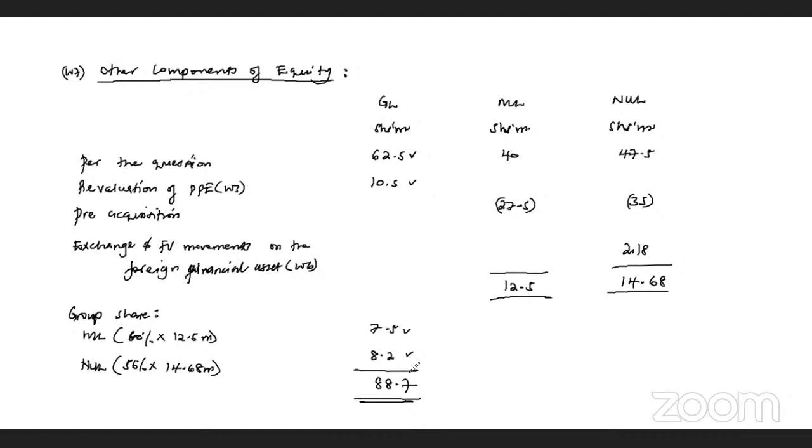Then, of course, from there, we shall have to come up with a working for retained earnings, consolidated retained earnings, which is to appear in our consolidated statement of financial position. So my working 8 is about the retained earnings, group retained earnings.